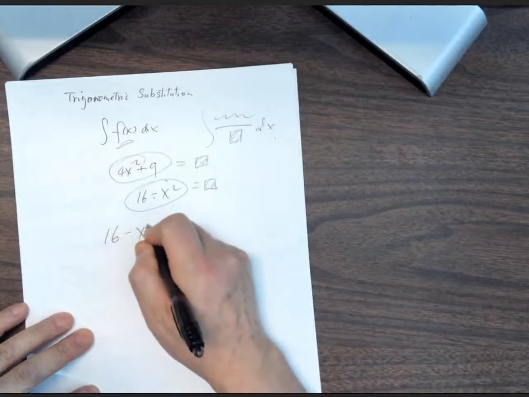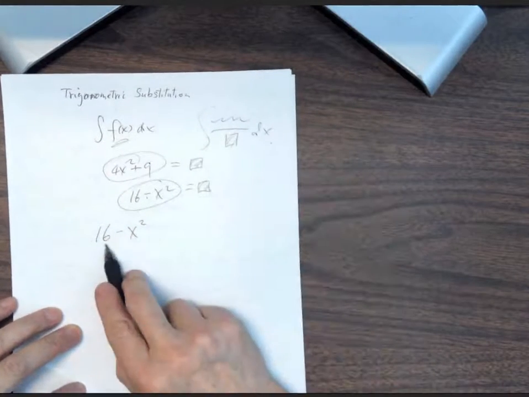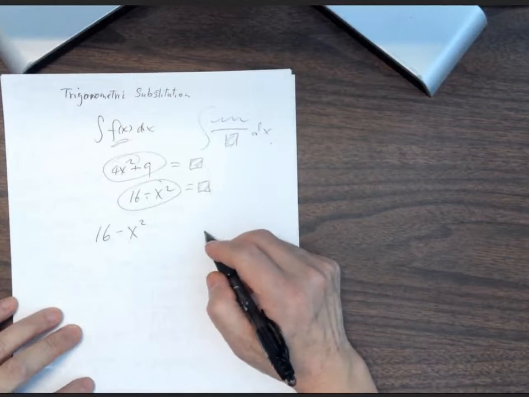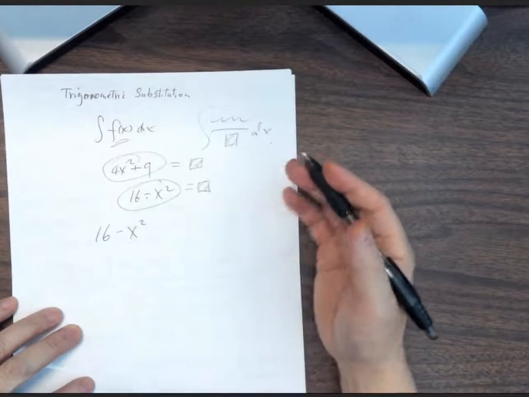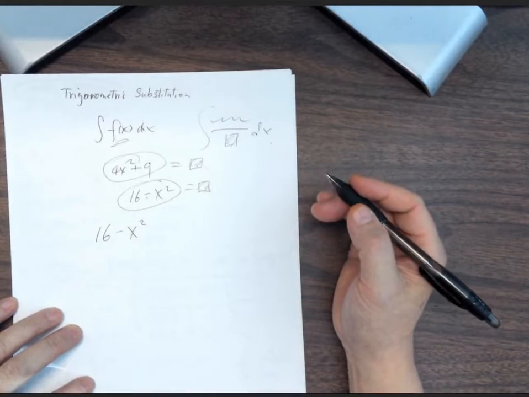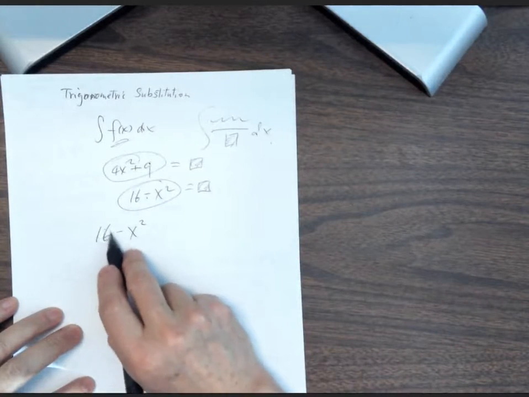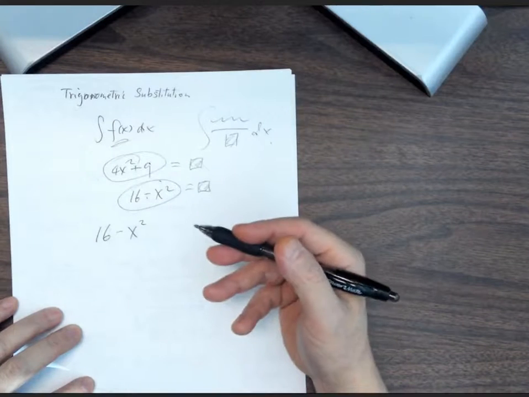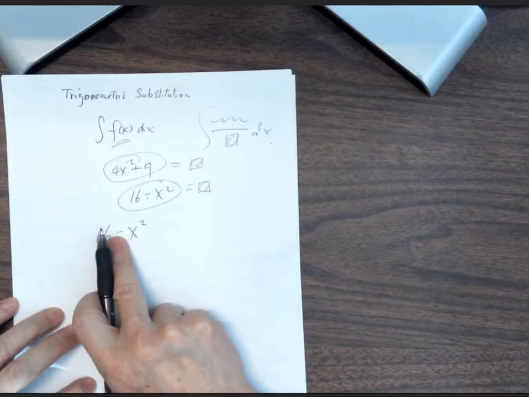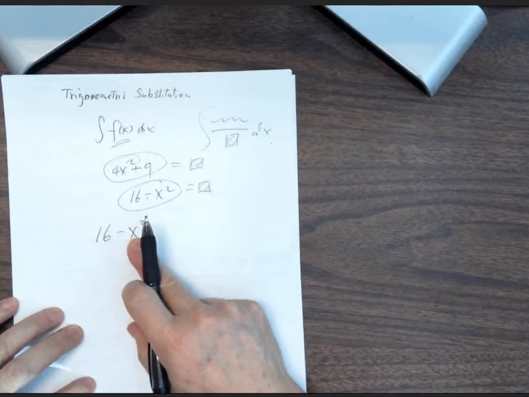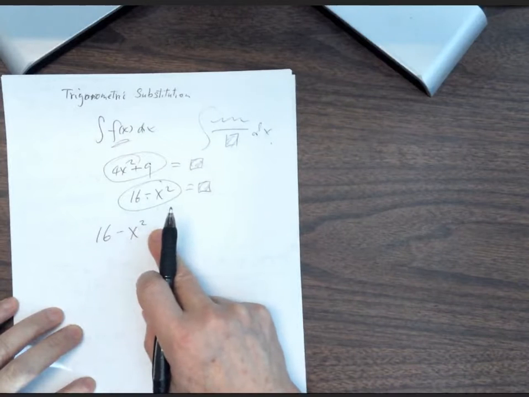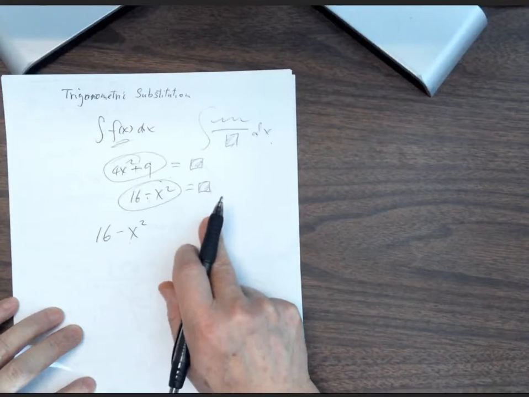Say we have 16 minus x squared. We want to turn this into a single term with the help of some trig identity. Well, think of this as a 1. In trig, we know 1 minus sine squared equals cosine squared.